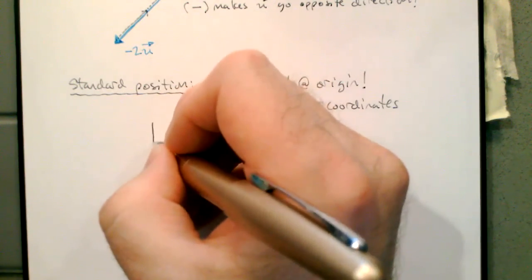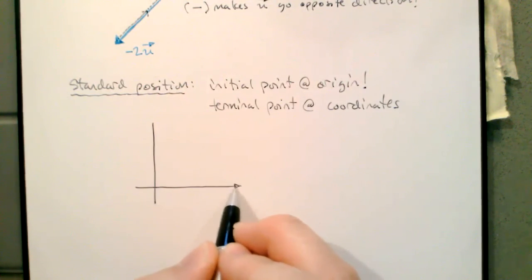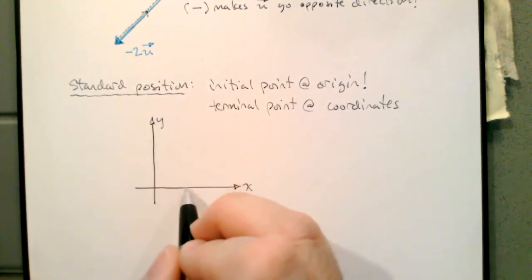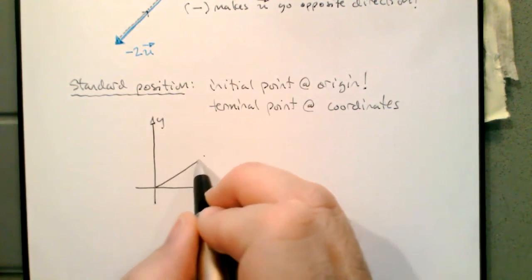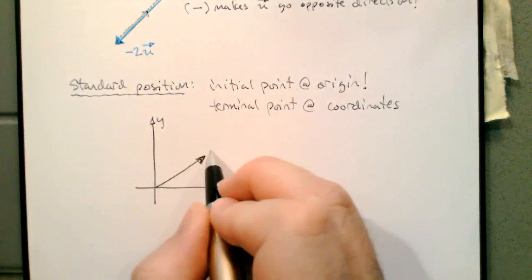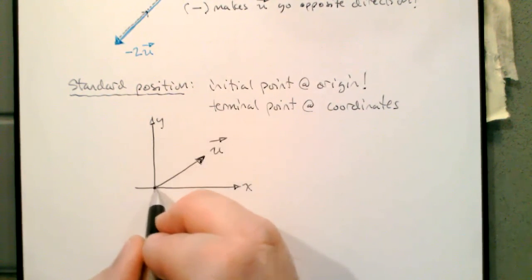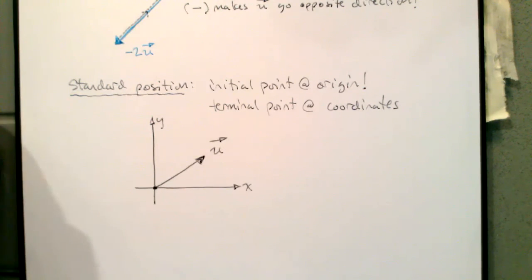So we can put a vector in standard position where the initial point is at the origin, and then the terminal point will be at coordinates.